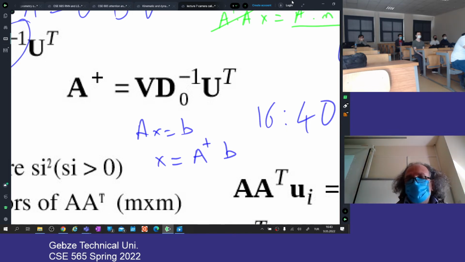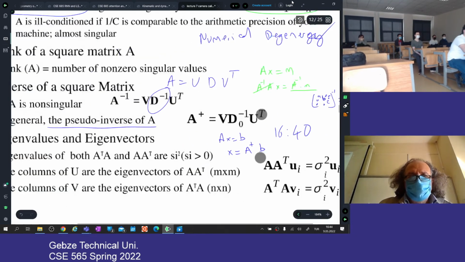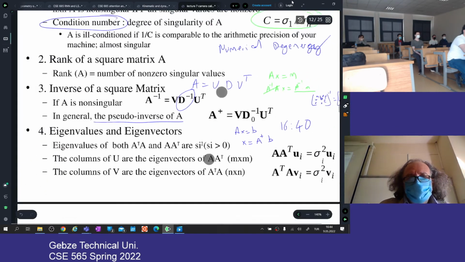It's not going to be an exact solution, and there might be many other solutions, but sometimes this kind of solution is better than having no solutions, and this will be very useful. This is called the pseudo inverse of a matrix, and we will use that.